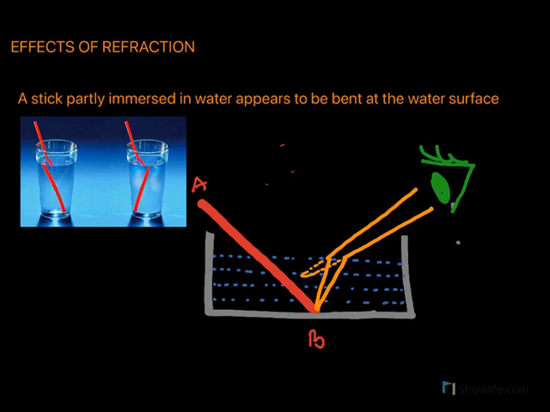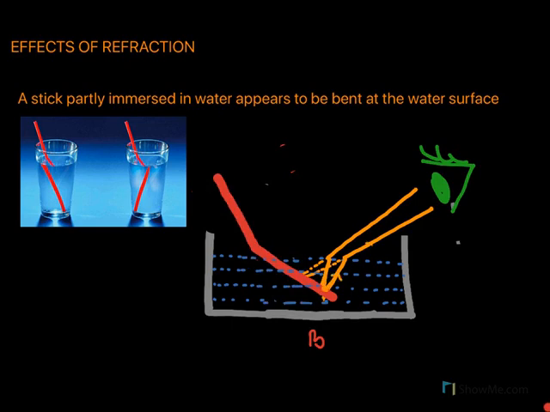So now the pencil will appear to be in this position. So this will be the position of the pencil. The pencil will appear to be bent because here the refraction takes place. The bending of light takes place.